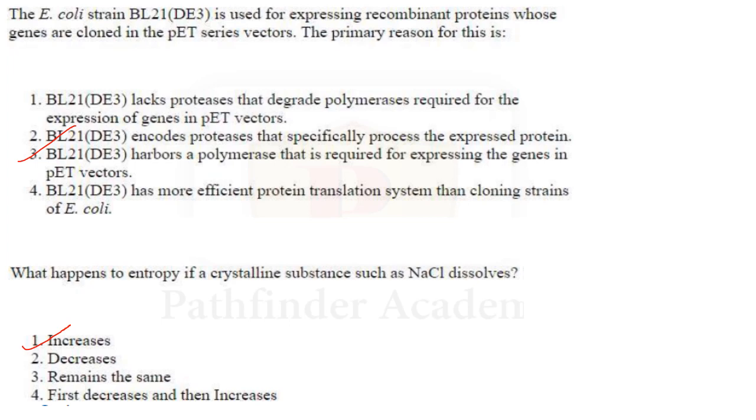BL21DE3 encode protease that specifically processes the expressed protein. Then you will not get the expressed protein itself because it is encoding a protease. So that is also not true. BL21DE3 harbors a polymerase that is required for expressing the gene in pET vectors. That is correct. So answer is option 3.